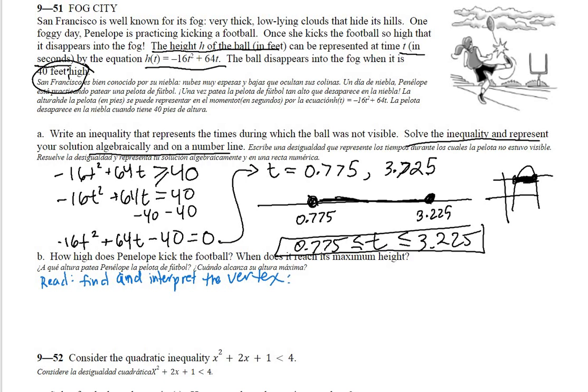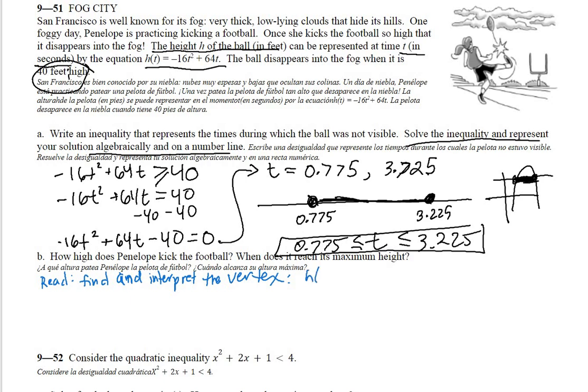So to find my vertex, I could use negative b over 2a, but I personally think that it would be easier to go between my x-intercepts for my original height function.